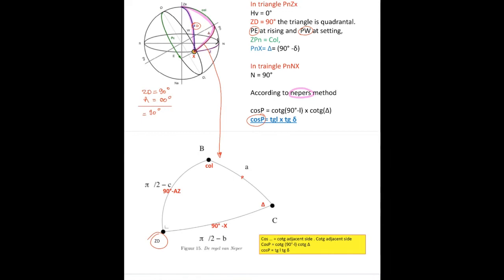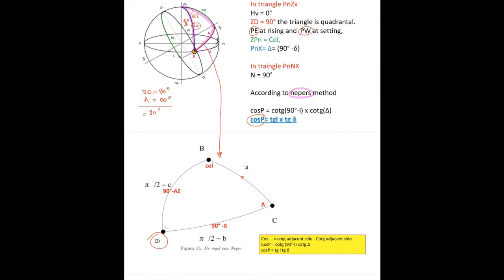I take the two adjacent sides and I subtract them from 90 degrees. I'm sorry, I'm mistaken, this is correct. So this is the 90 degrees.